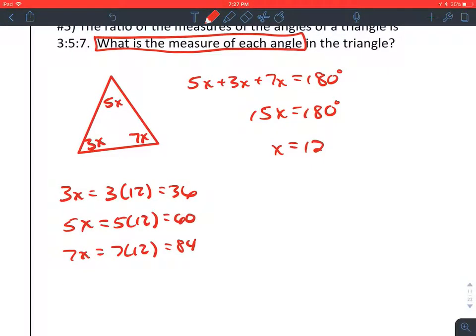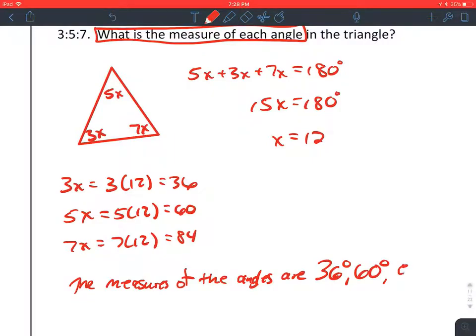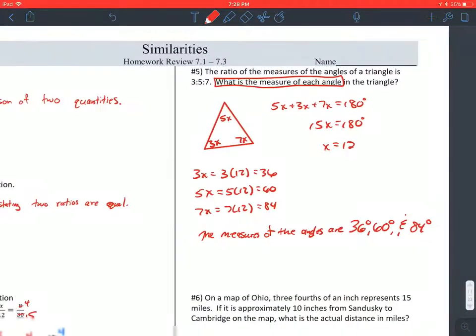This is not good enough for the answer because the question is, what's the measure of each angle? We should write this out as a sentence. The measures of the angles are 36 degrees, 60 degrees, and 84 degrees.